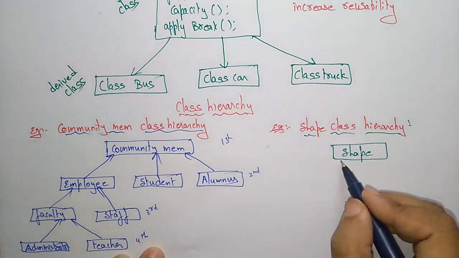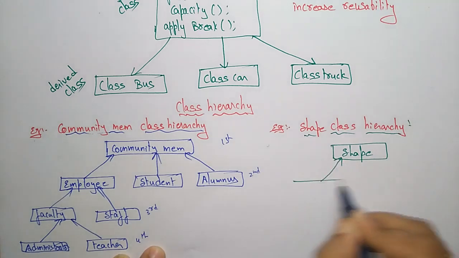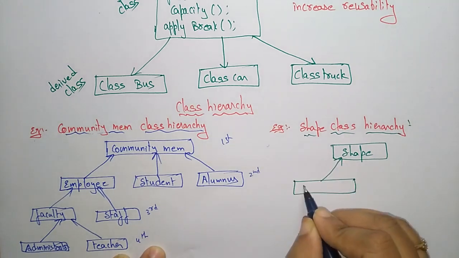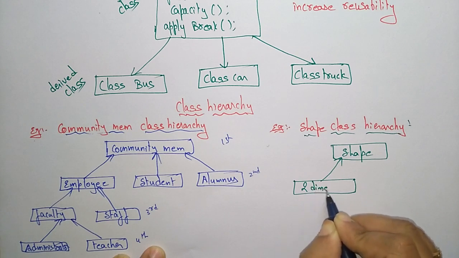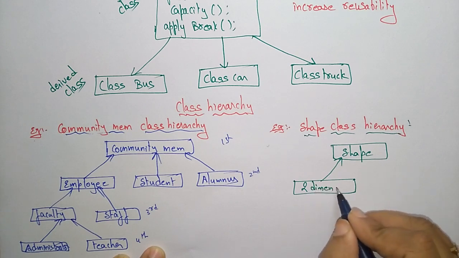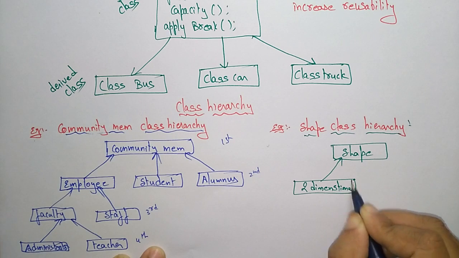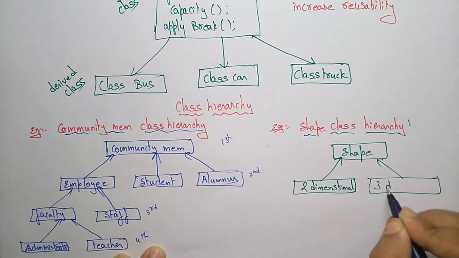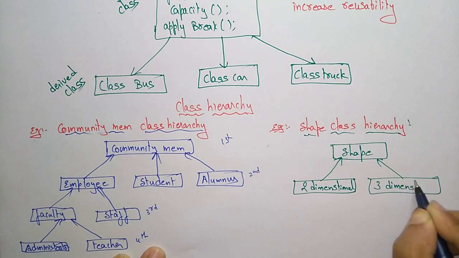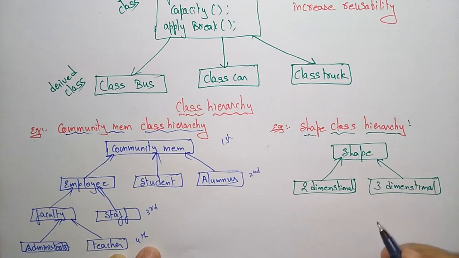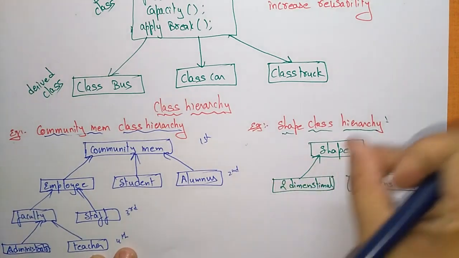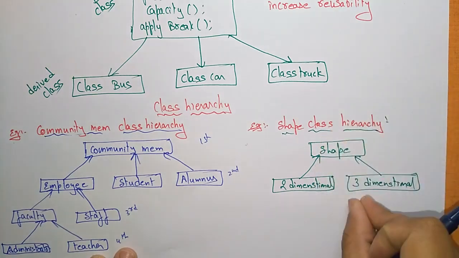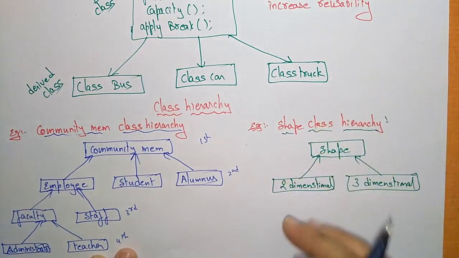The shape may be two-dimensional or three-dimensional. So two-dimensional inherits the properties of the shape, whereas three-dimensional also inherits the properties of the shape.